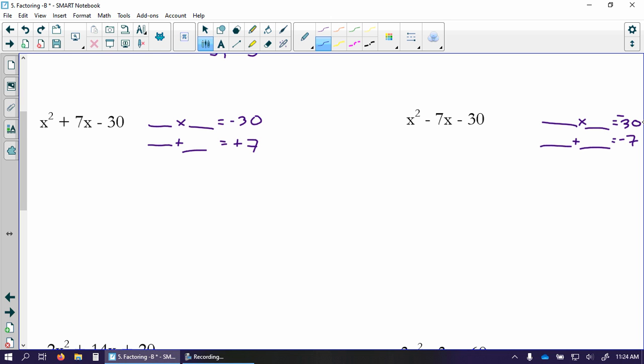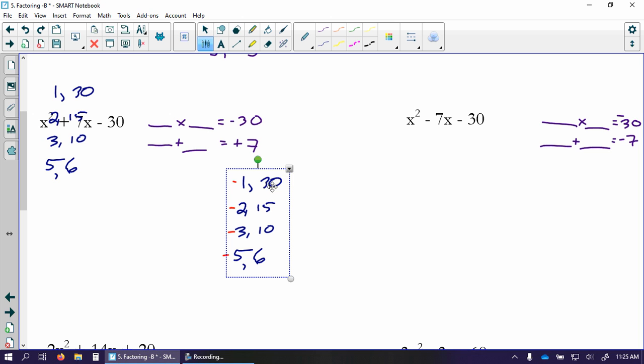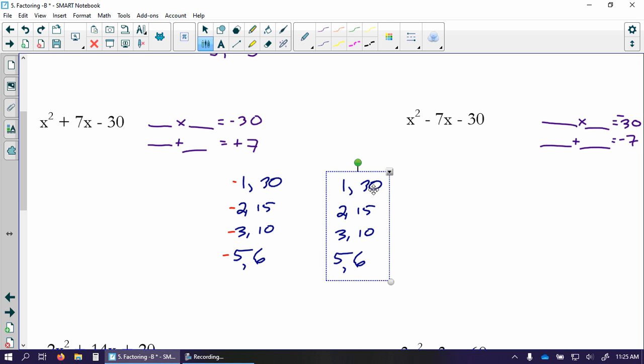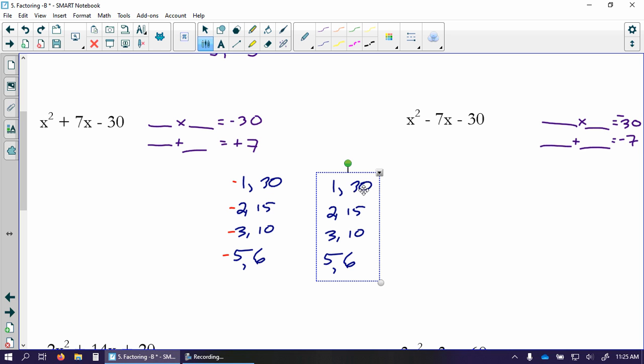Sure. So 30 factors into 1 and 30, 2 and 15, 3 and 10, 5 and 6. But we need either negative 1, negative 2, negative 3, copy, or we need 1 and negative 30, 2 and negative 15, 3 and negative 10, 5 and negative 6.